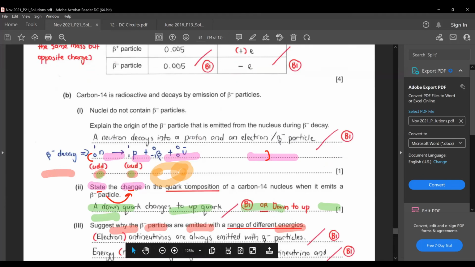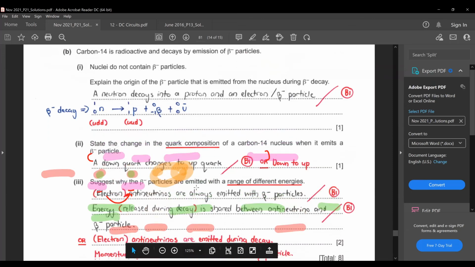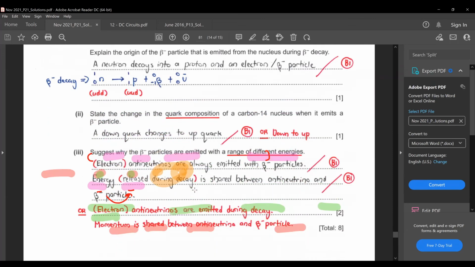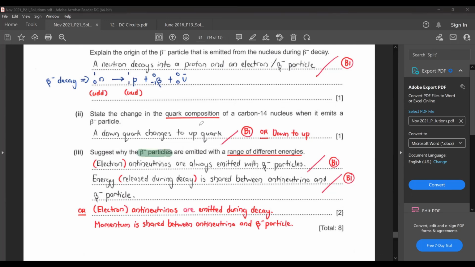And for the last part, suggest why beta minus particles are always emitted with a range of different energies. This question does come out quite often. They ask why electrons are always emitted with a range of energies, or a range of kinetic energies.